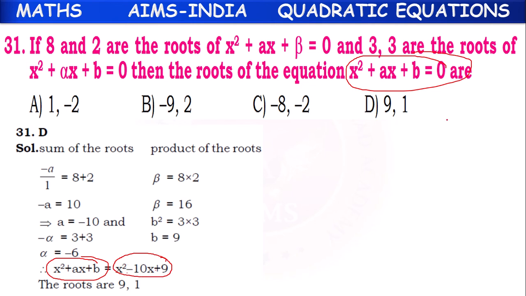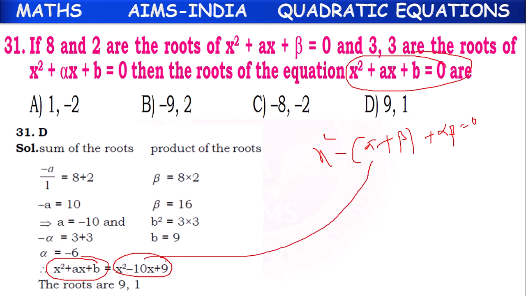For finding the roots, we can write it like this: x square minus (alpha plus beta) x plus alpha beta equal to 0, where in the place of alpha plus beta, 10 should be there, and in the place of alpha beta, 9 should be there. Means sum should be equal to 10, product should be equal to 9. So what are the roots?